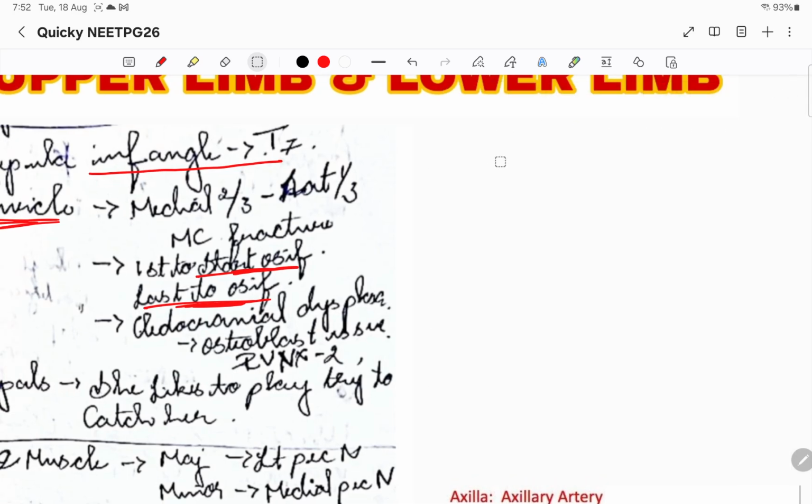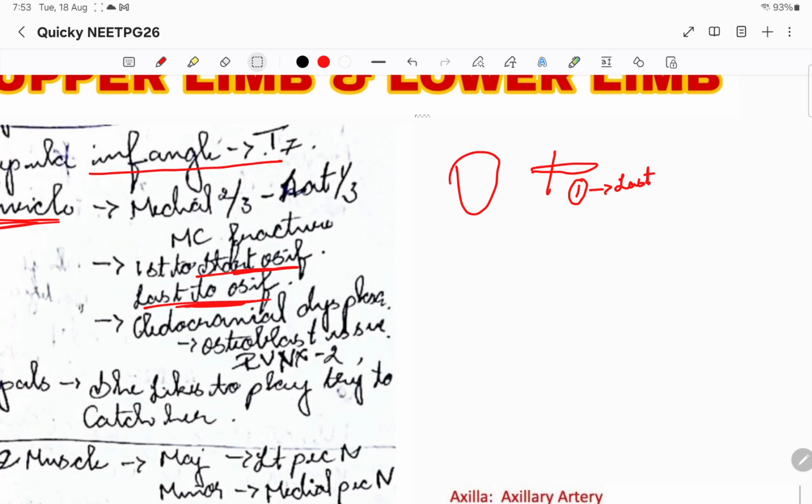Scapula is done, then the clavicle is done. In clavicle, all you need to remember is that the fracture will happen at the lateral 1/3, and that this is the first bone to start ossifying and the last to get ossified.